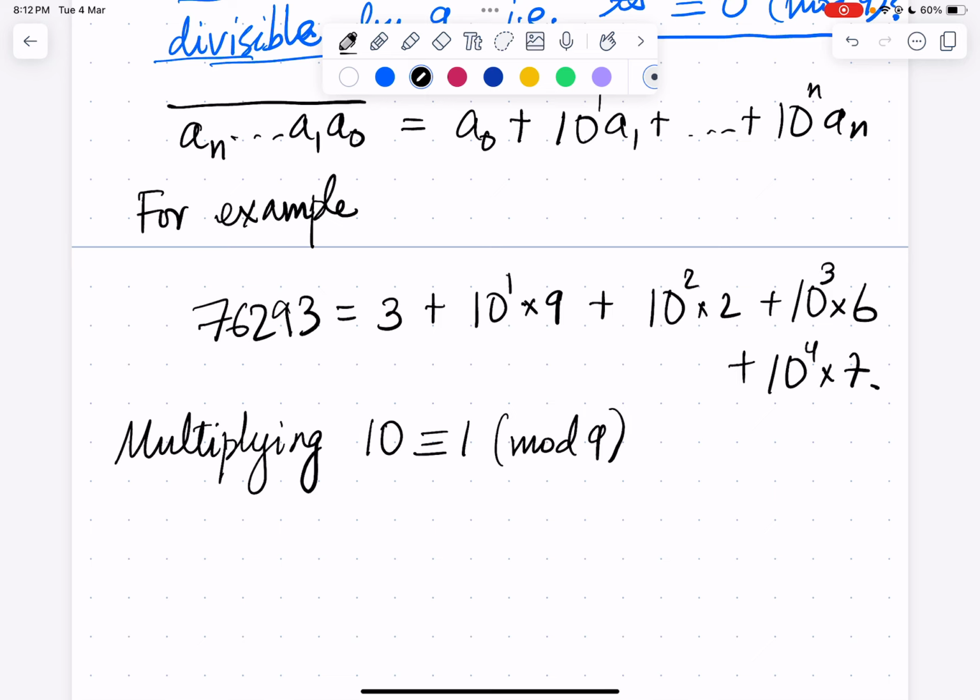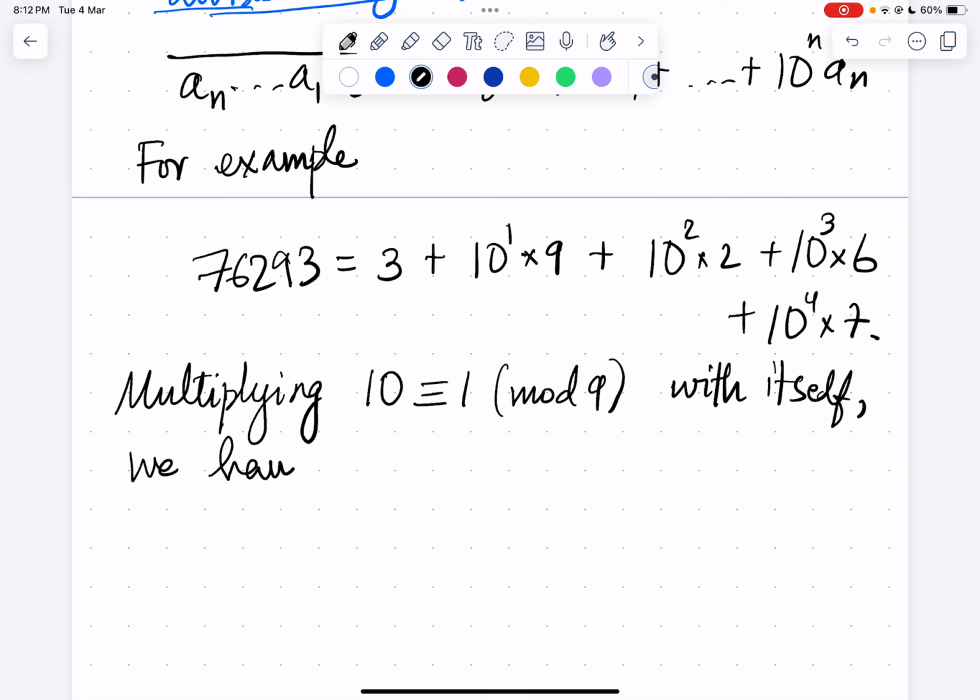So 1 plus a multiple of 9. Hence 10 is congruent to 1 mod 9. Multiplying 10 congruent to 1 mod 9 with itself, we have 10 to the power n is congruent to 1 to the power n mod 9, etc.